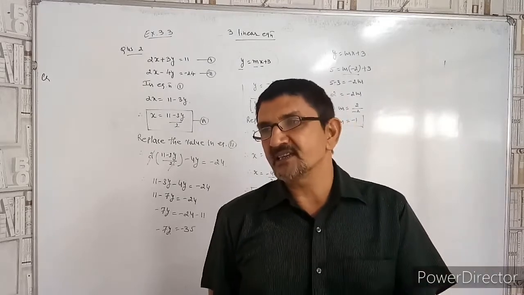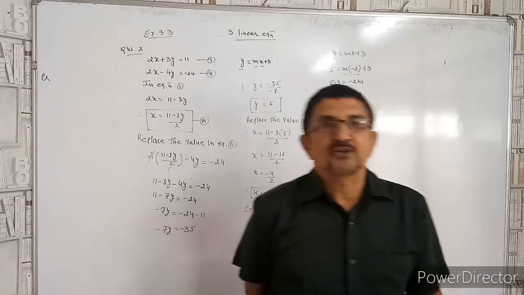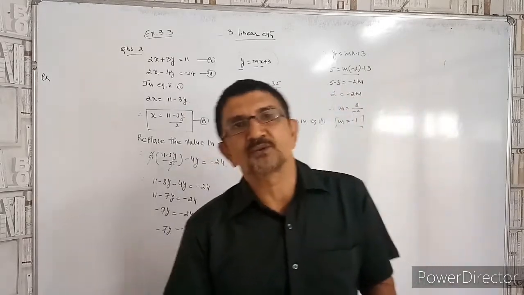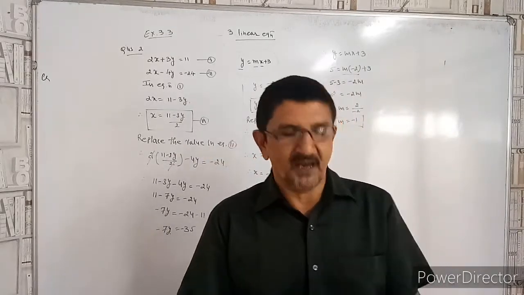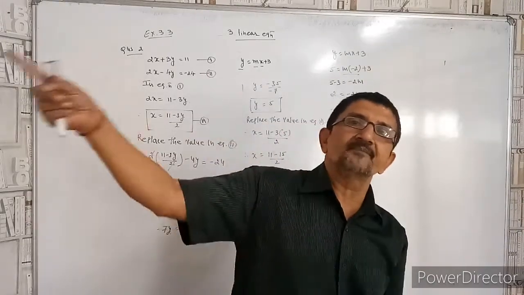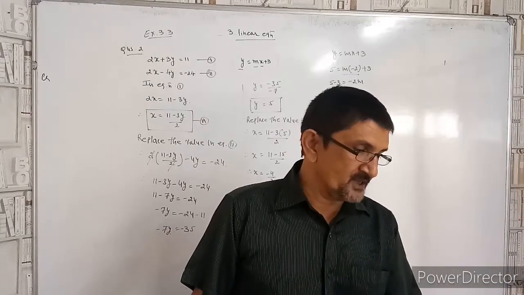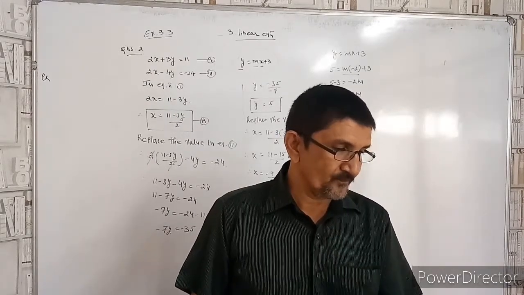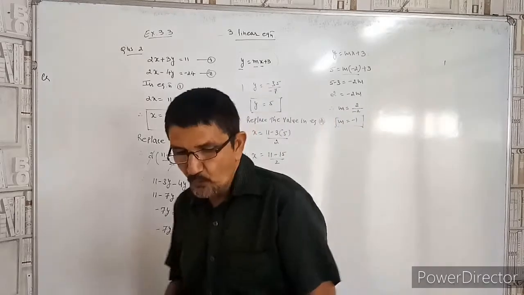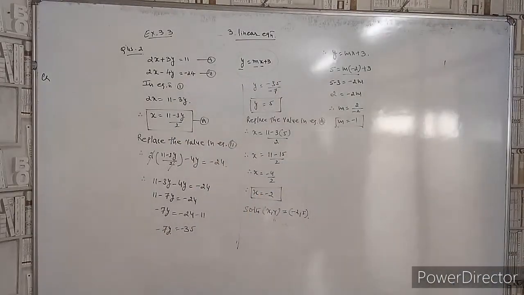Then maybe x is greater or y is greater by 26. So the difference, that means subtraction: x minus y is equal to 26, x is greater than y by 26. And one number is 3 times the other. Find them. So here two clues are given. We have to solve that.